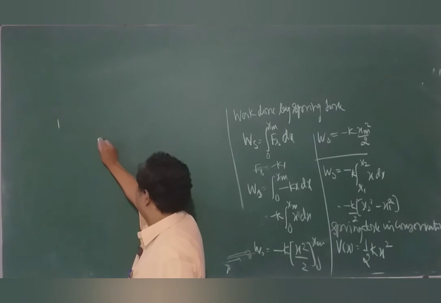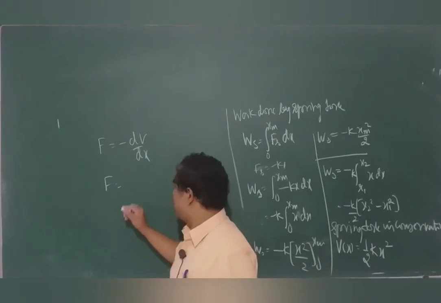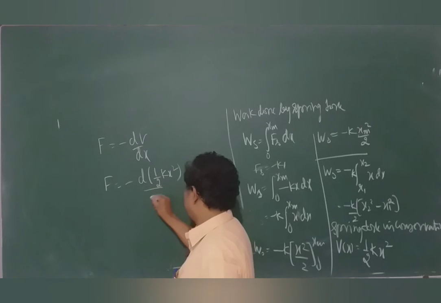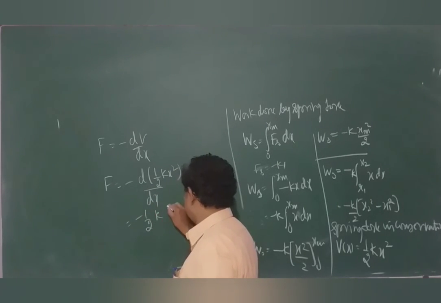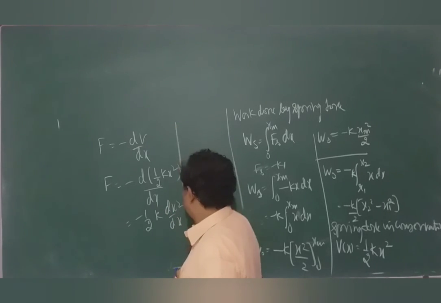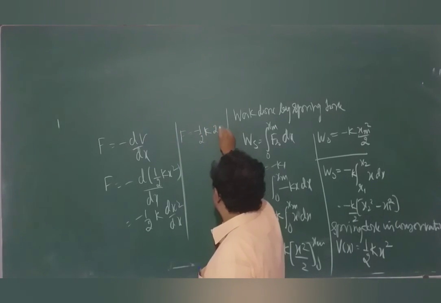So we know for conservative forces F is minus dV by dx. We substitute for V and we must get minus kx here. We substitute for V, half kx square, differentiated with respect to x, which will lead us to half k times the differential of x square with respect to x, which will lead us to F equals minus half k into 2x.